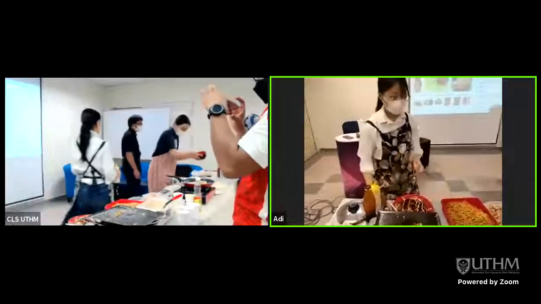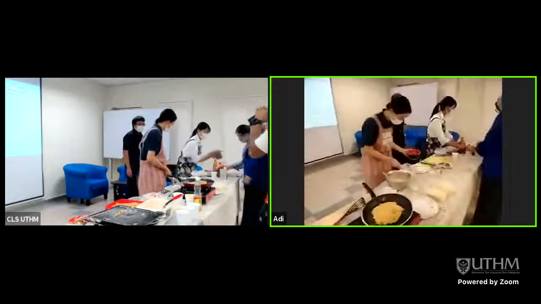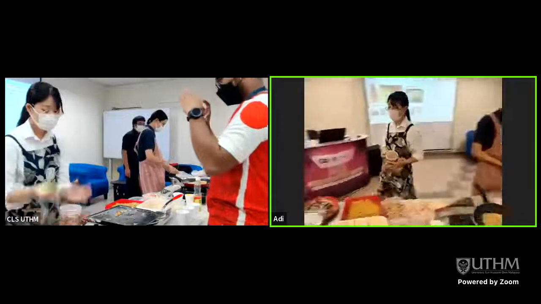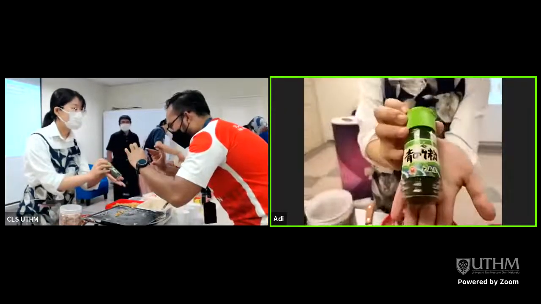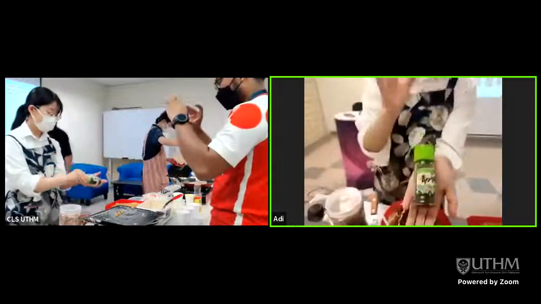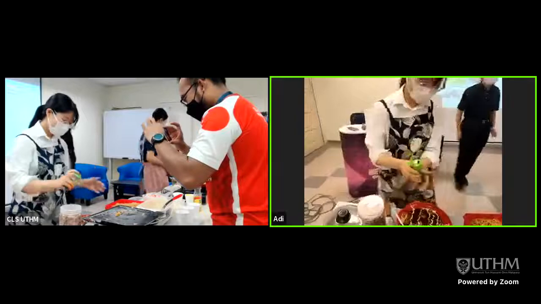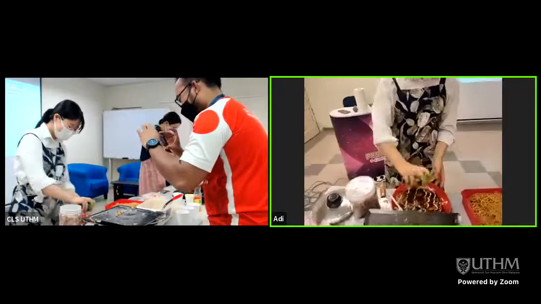And a sprinkle of almond. This is seasoning. I like it a lot. Oh God!